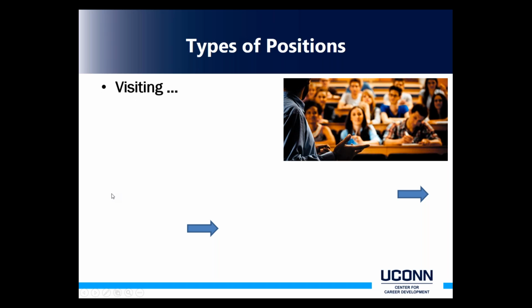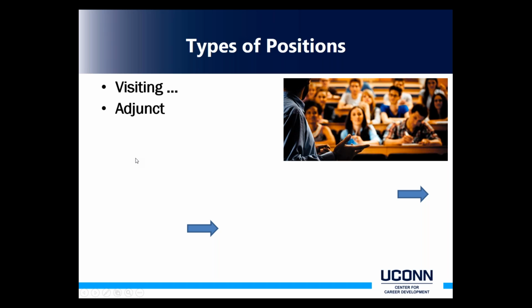But basically, any job title that begins with visiting is usually referring to a position that is temporary in nature, but that's about the only thing that you can be certain of because those variations exist from institution to institution.